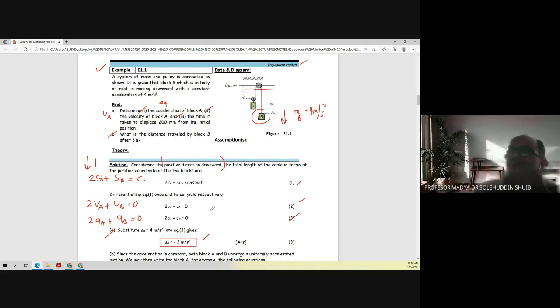So far not yet. So far we are dealing only with the system without unit vectors yet. This one we are dealing with dependent motion. Maybe if you have a specific example, we can look.